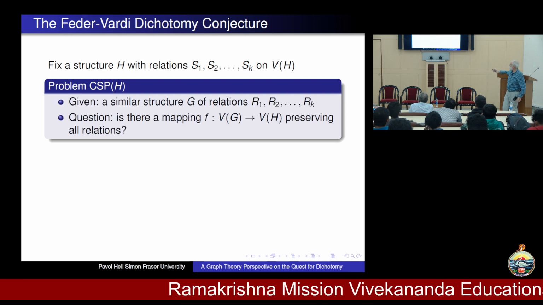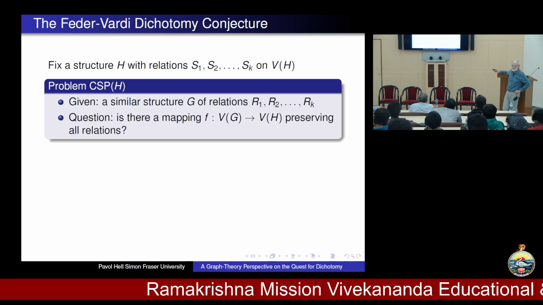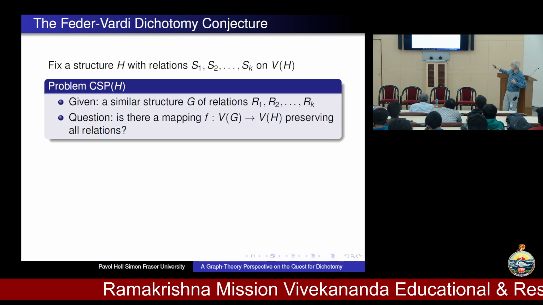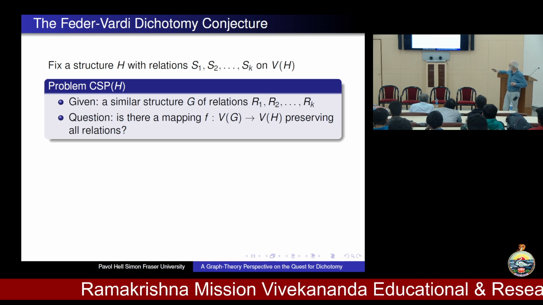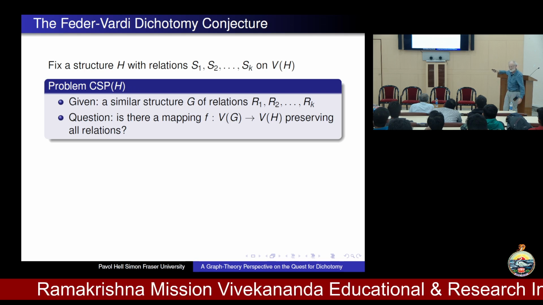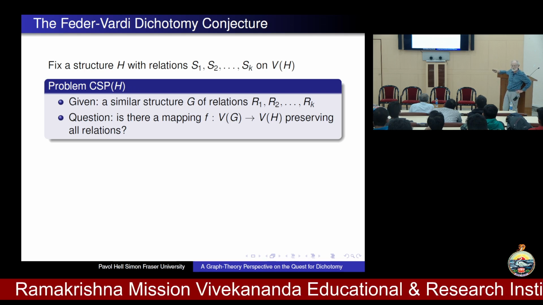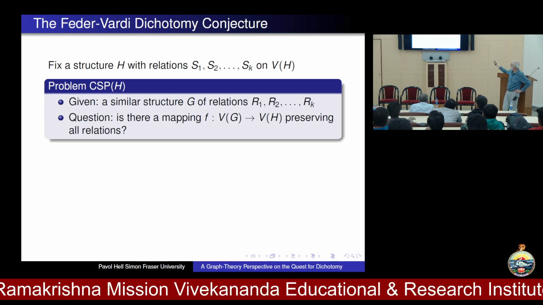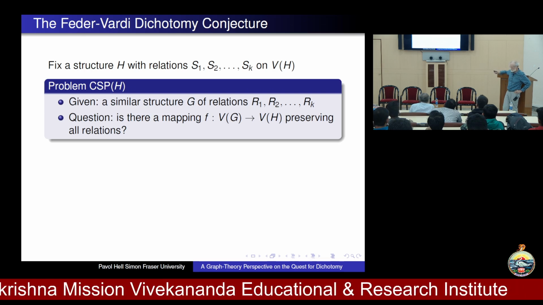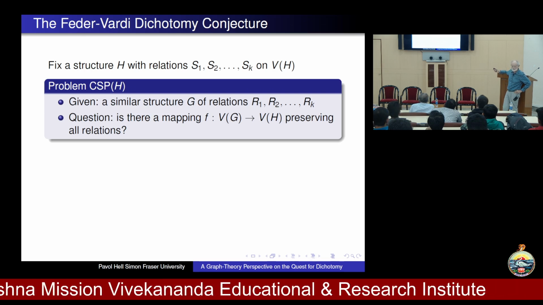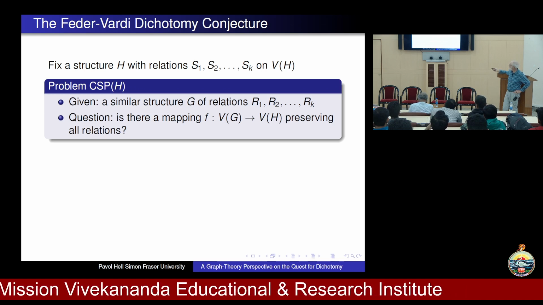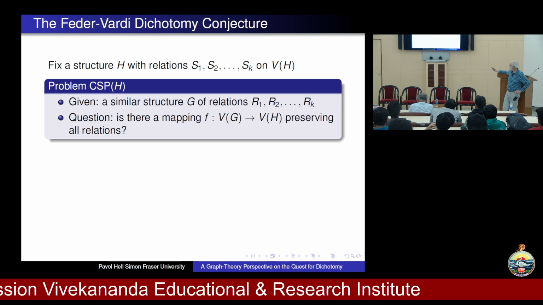And then the problem is you have a similar structure, G, which is the input graph. Relations are in correspondence. And you are asking, is there a mapping that is compatible with all the relations, just like Schaefer did? So the only thing he generalized is the fixed structure doesn't have just 2 elements, but any finite number of elements.